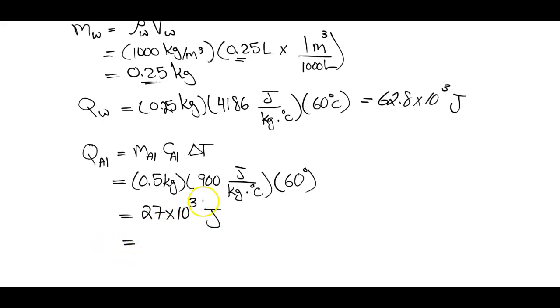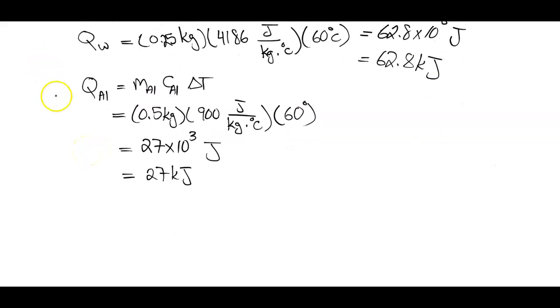You'll see that a lot of times they use the 10 to the third because we can rewrite this as kilojoules, which is a unit used a lot in heat, and we can rewrite this one up here for the water as 62.8 kilojoules.